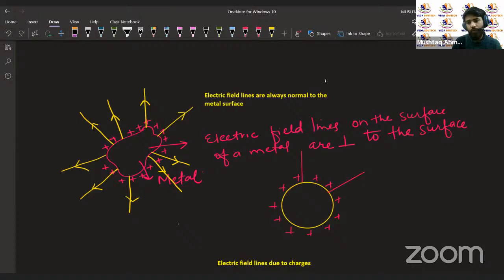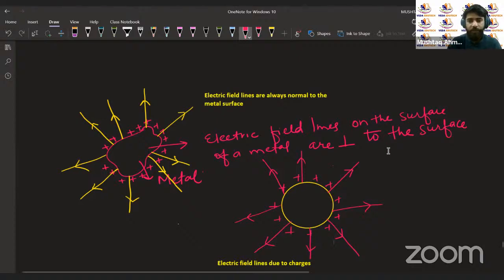They are going to fall normal to this sphere. They will always be normal to this sphere. So these electric field lines are going to be normal to the surface of this conductor.